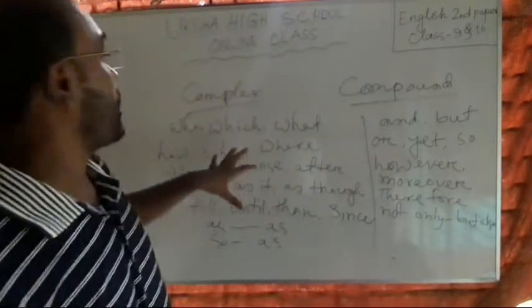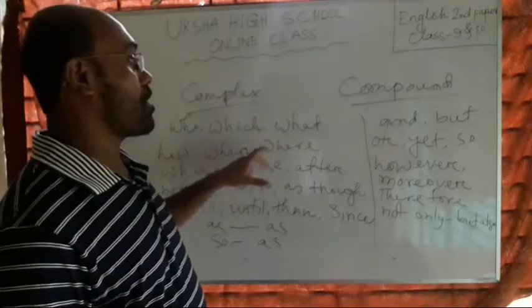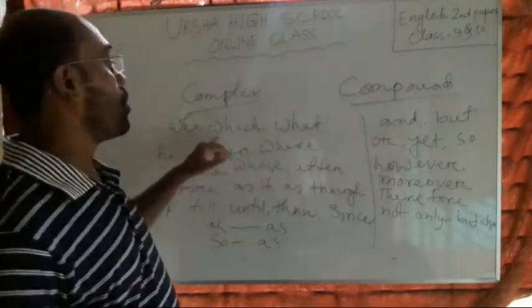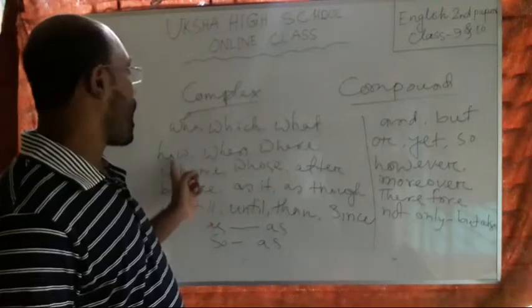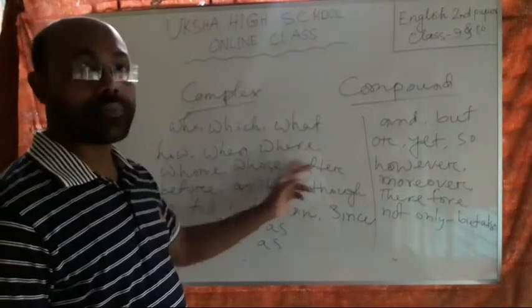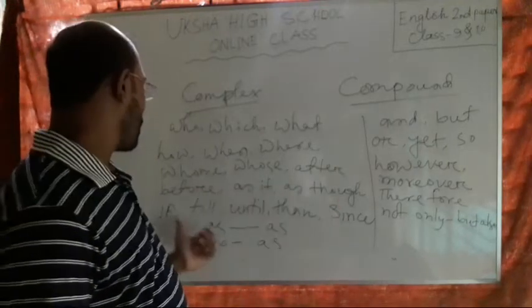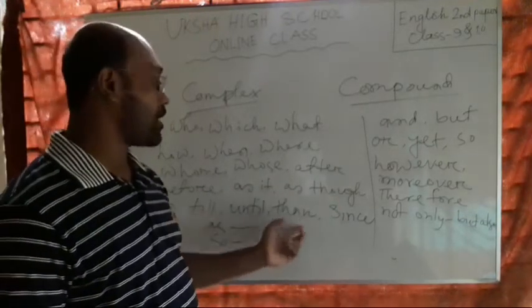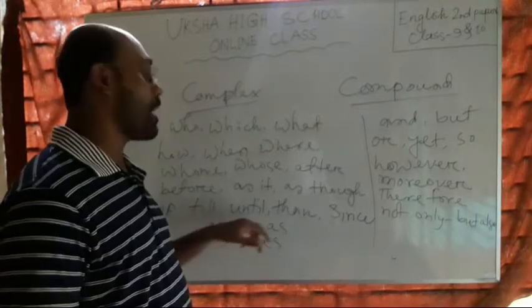Dear students, these are the indicators and conjunctions. For complex sentences: who, what, how, where, when, whom, whose, after, before, as if, as though, if, till, until, then, since, so as.